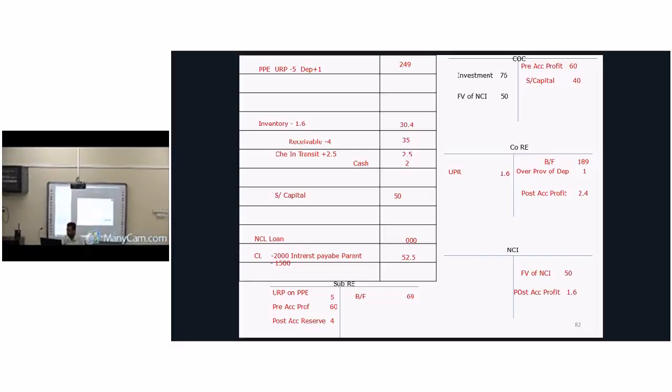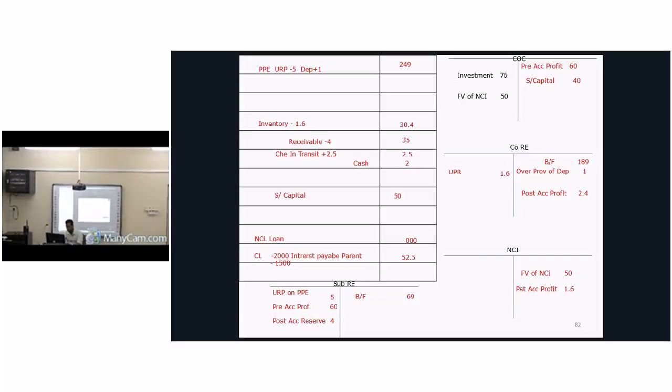The balance goes to NCI, post acquisition profit. Then this account will be closed.